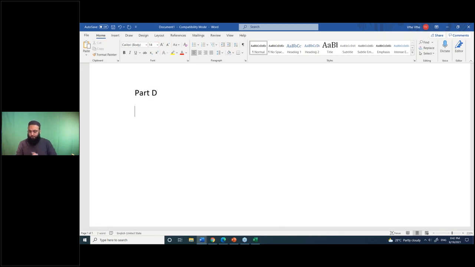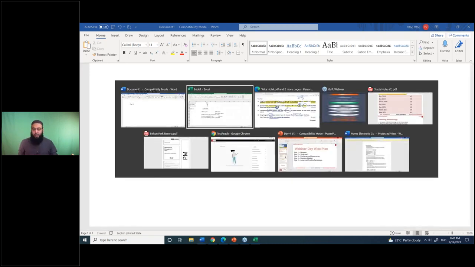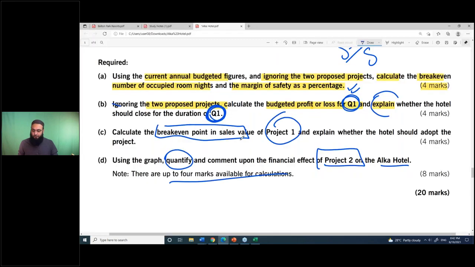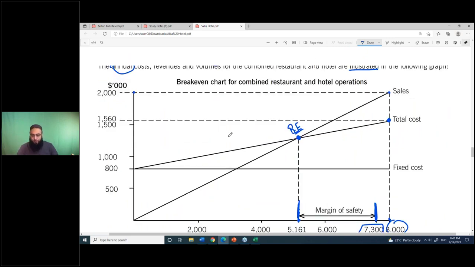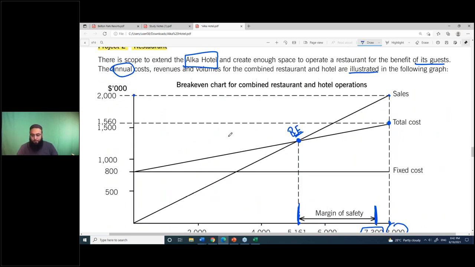Part D here, 4 marks are also available for the calculations. Now, if you look at the graph, quantify. Quantify means by looking at the graph, just quantify the things. Remember, this is combined for the hotel that you're operating right now and the restaurant that you will open.